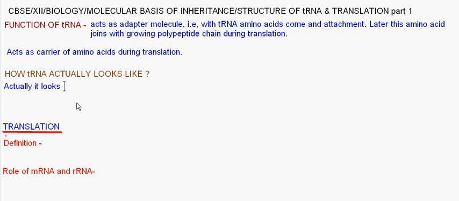Now coming to translation. Definition of translation. What is translation? So let's discuss. Translation is the second step in the central dogma. It is a continuation after transcription, and during this step amino acids are added one by one to form a polypeptide chain.